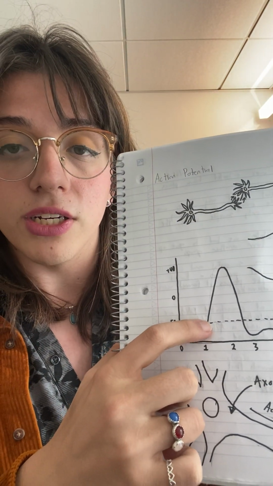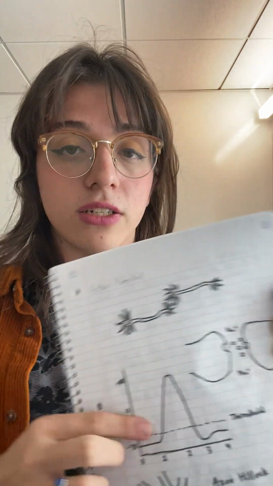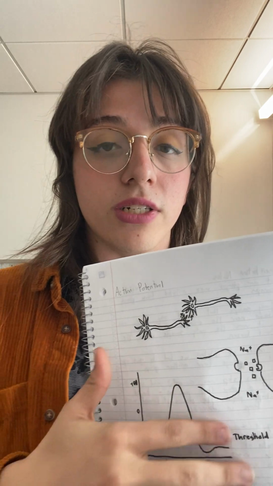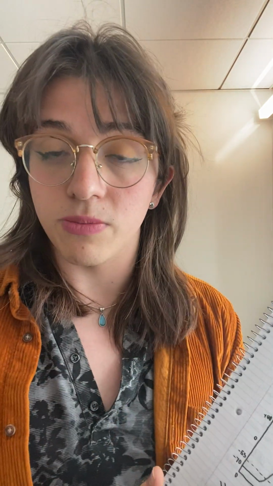Sodium rushes in because the concentration of sodium is so much higher outside the neuron than it is inside, that once these voltage-gated channels are opened by this very small change in voltage, a ton of sodium can rush in, and the neuron is made much more positive, and then this signal travels down the neuron and reaches the end, which can activate neurotransmitters, which can send the signal to new neurons.